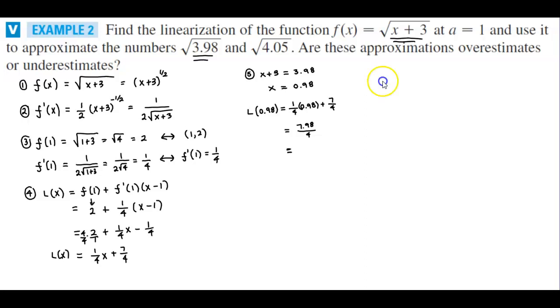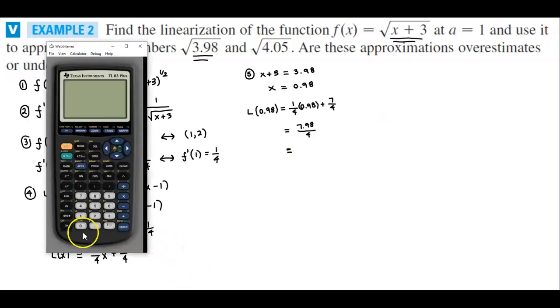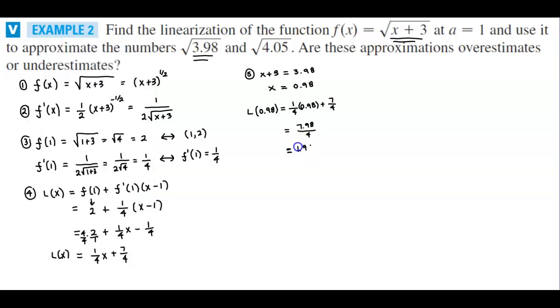So the linear approximation, let's go ahead and do that. We're going to take 7.98 and divide that by 4. Gives us 1.995.